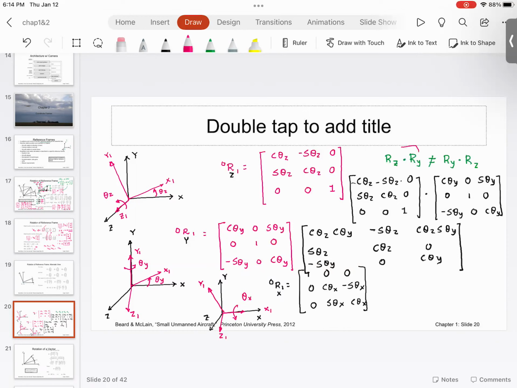So what I have here is the resultant of multiplication on the left hand side. Did I make a mistake? Sine theta z, which first row, second column? Second row, okay, second row, yeah, sine theta z, cosine theta y, correct.